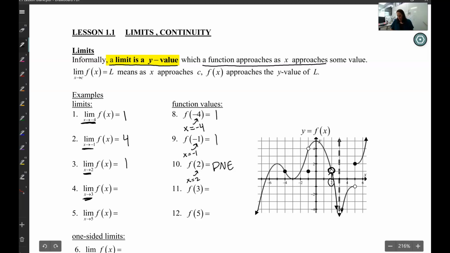Let's try this one. As x gets closer and closer to 3. So as I am getting closer and closer to 3, it looks like my function is going down to -infinity. Or does not exist.